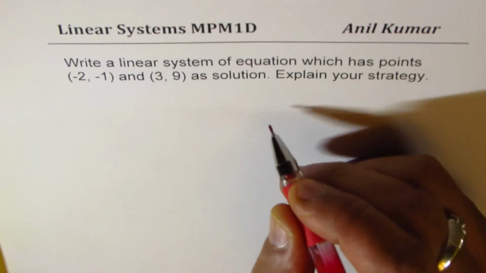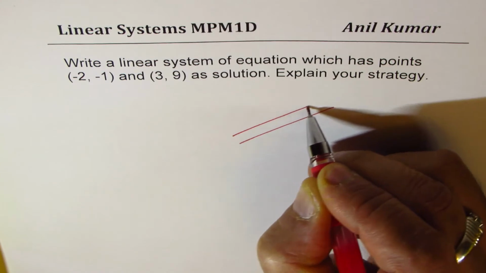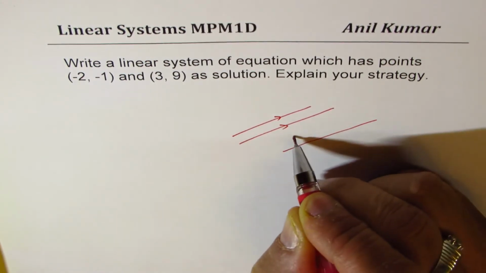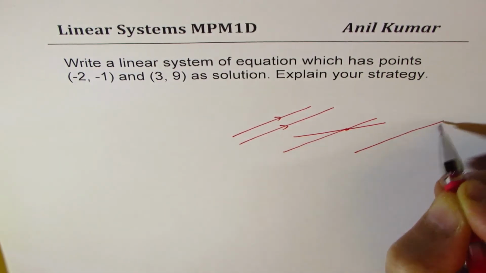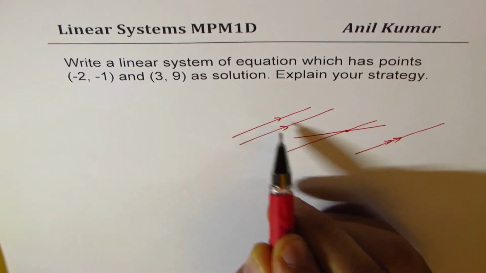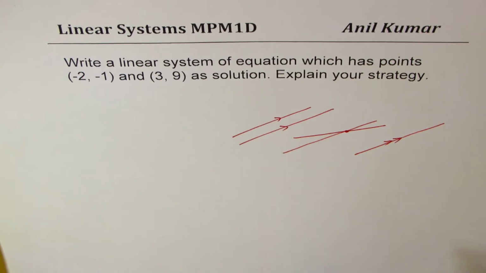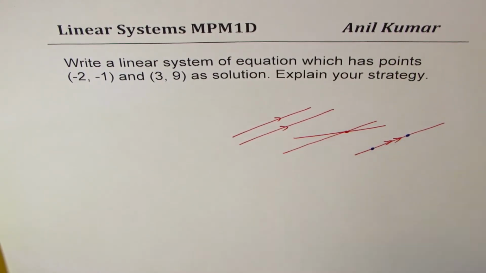Now, the idea here is, can we have a linear system with two solutions? Think about it. When we talk about linear system, then we could have either two parallel lines, or we could have the lines intersecting at a point, or we could have the same lines, correct? Now, in which situation can you have two points of intersection? Well, if they are the same lines, then we can have two or more.